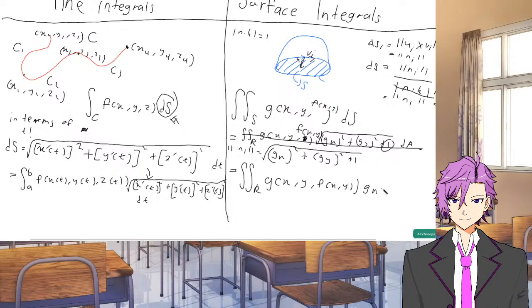So gx plus gy plus 1 will square, why am I squaring? 1 squared will still be 1, we'll make this quick, dA. So that is how you do the surface integral.